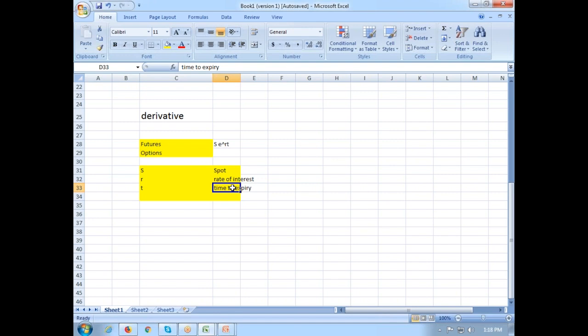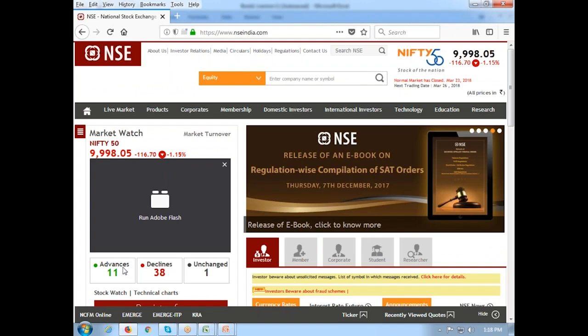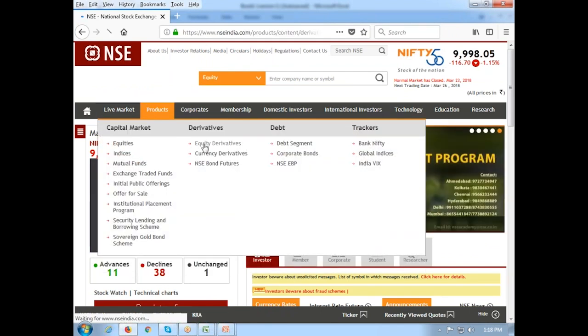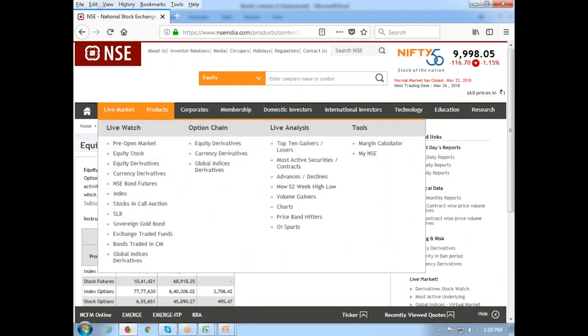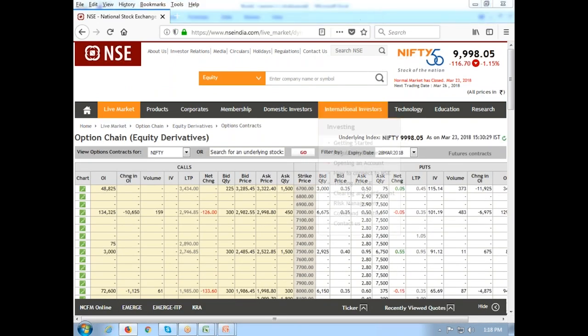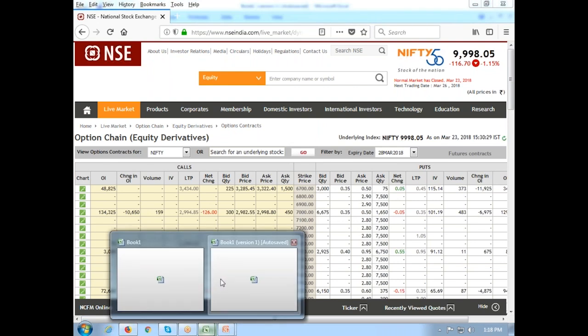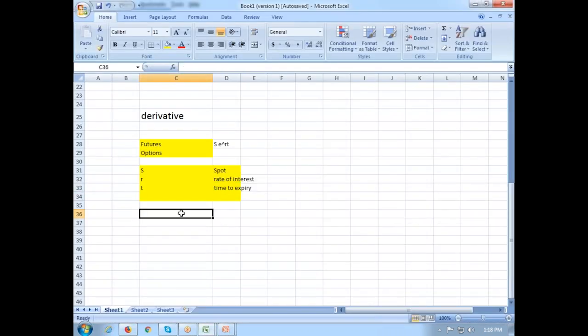Okay. Currently, let me take you to nseindia.com, product, equity derivatives. When I talk about time to expiry, there will be a time in the future when the contract will cease to exist.